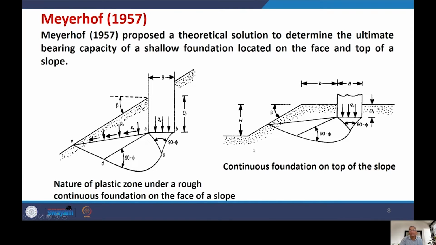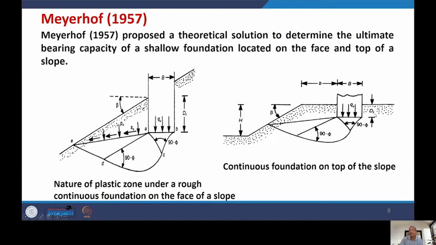In the second case, the footing is not on the face of the slope, rather it is on the top of the slope with width B. Again, beta is the angle of slope, and you can see here the height of the slope, which was not visible in the earlier case.